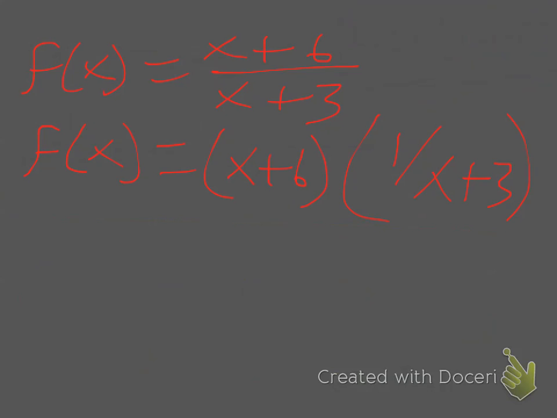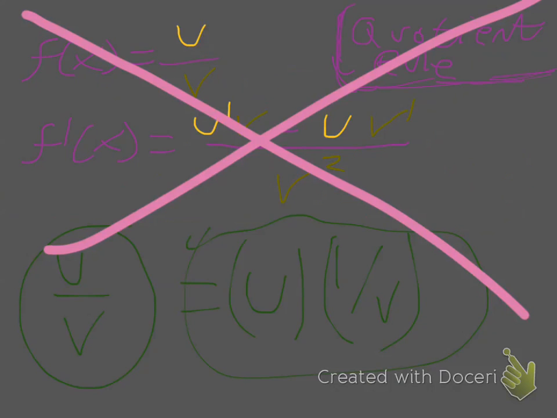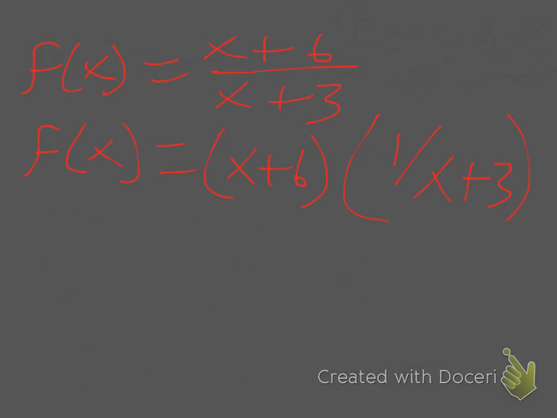And then from this point on, what would you do? Well, you would refer to the product rule. I don't have it written here. Okay, this is the product rule: u prime v plus u v prime.